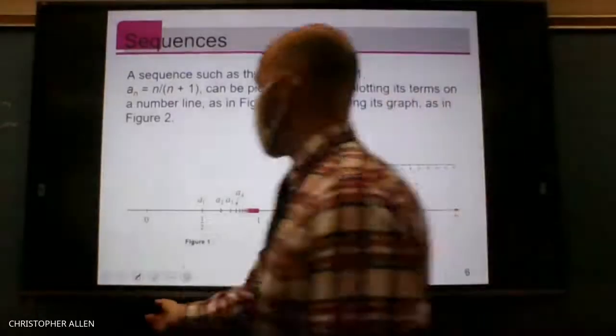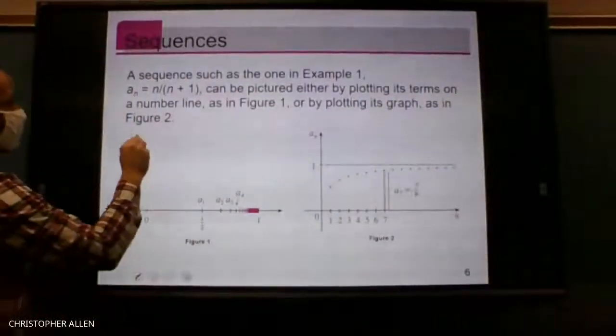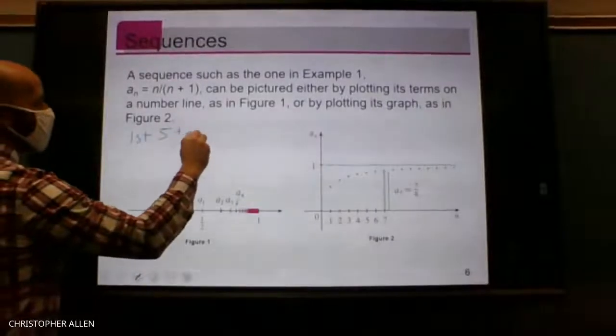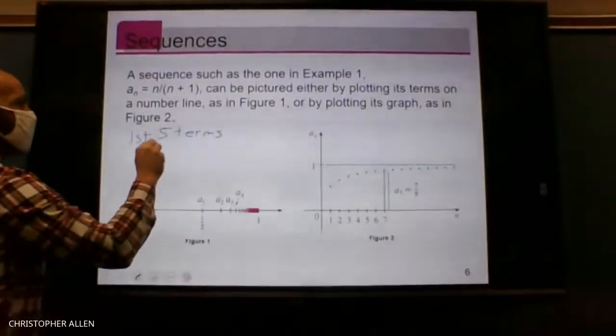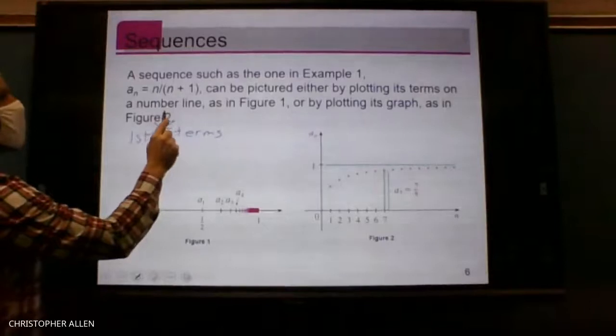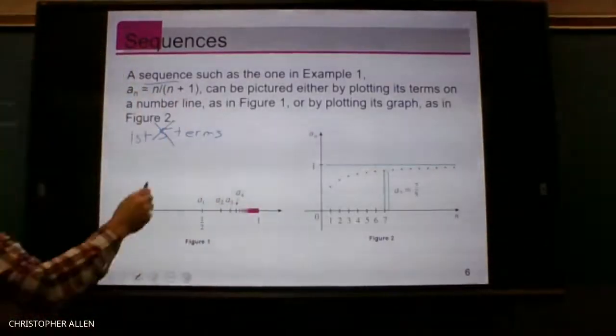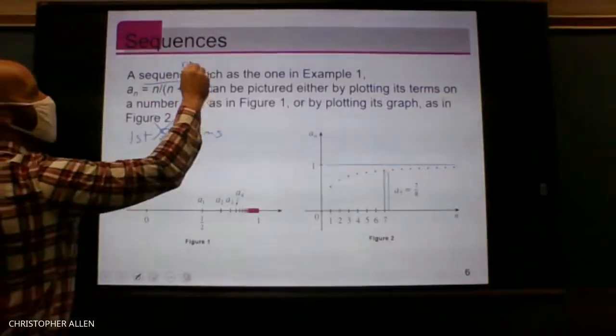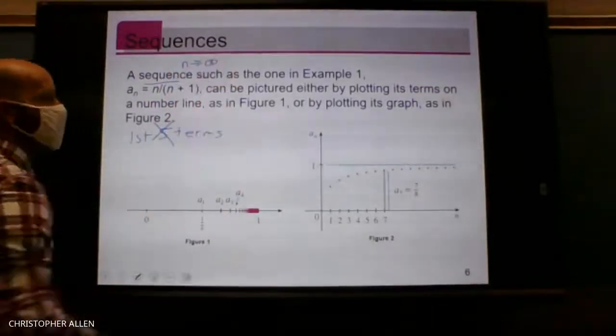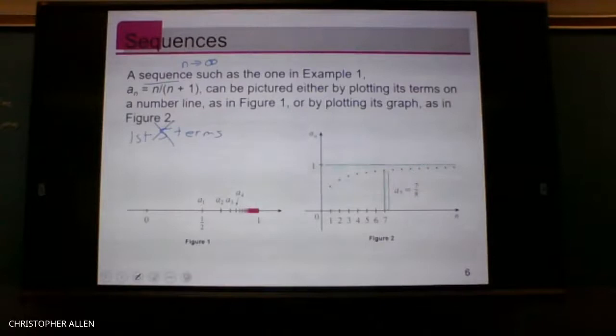Now, notice we're not just talking about the first 5 terms. We're talking about the literal sequence itself. And remember, in general in this class, the sequence itself means that n is going to get large. n is going to go to infinity.